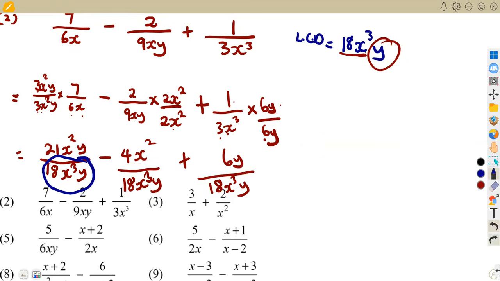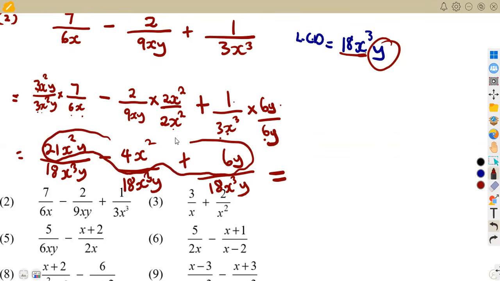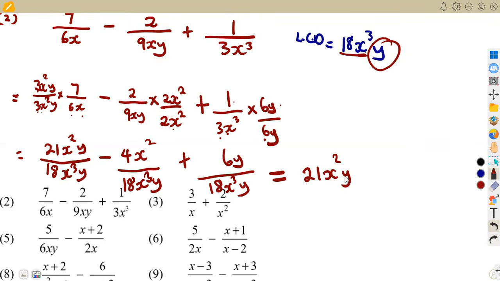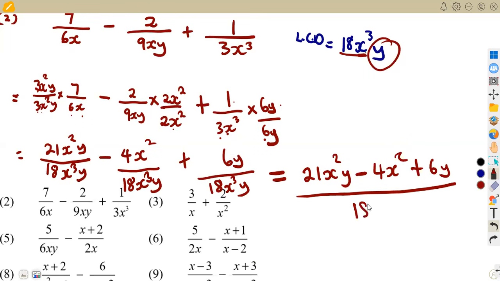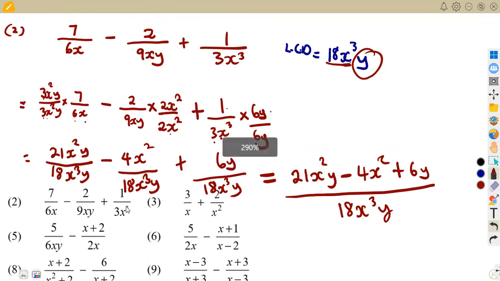So if this is the same, what does it mean? It means you are going to combine everything that you see on top together. So this will be 21x squared y minus 4x squared plus 6y, everything over that LCD, which is 18x to the exponent of 3y. So this is, like I said, another way of adding your algebraic fractions.